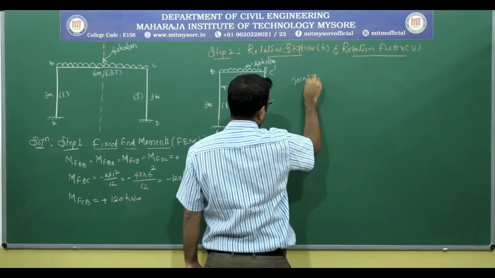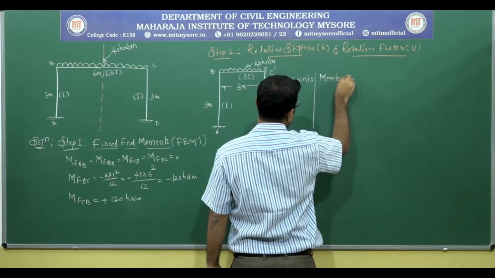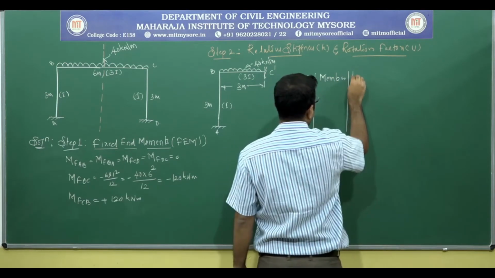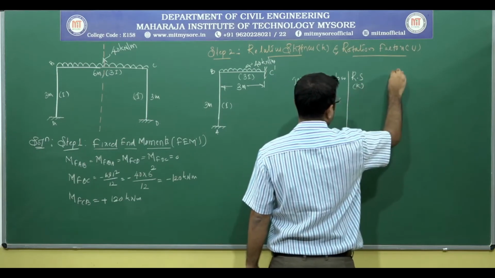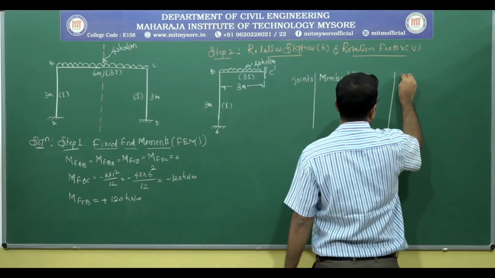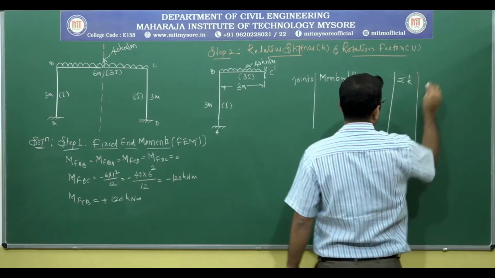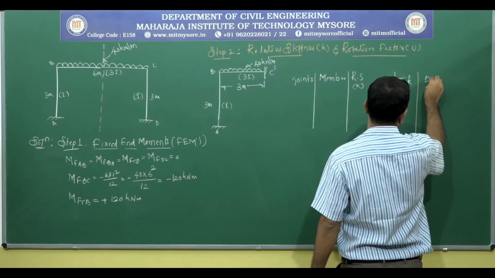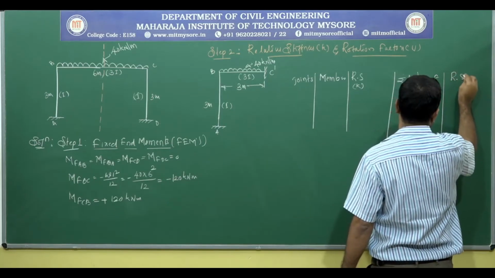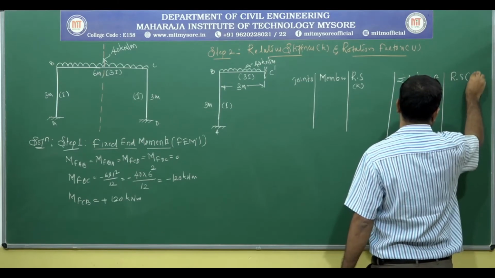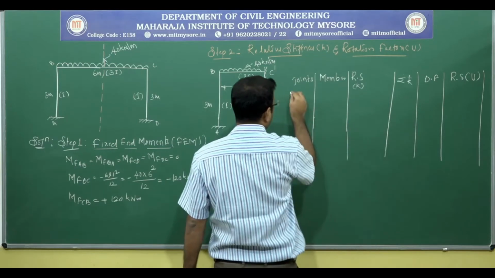So let me note down the joints, then members, then the relative stiffness, that is the value of K, then the total stiffness, that is the summation of K, then the distribution factors, then the rotation factors, that is U. These are the things we need to calculate.